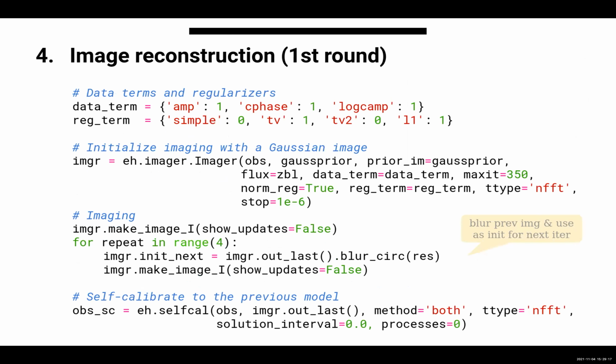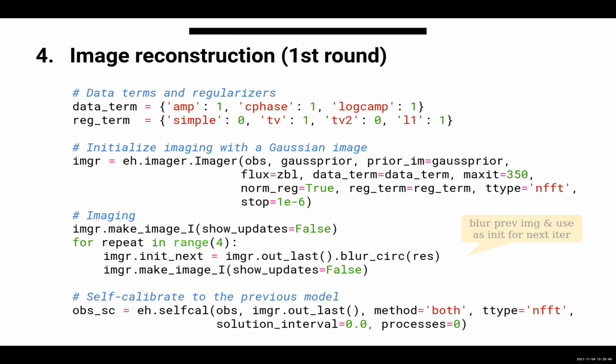Okay, so now we start with the image reconstruction. First we define the data products and the regularizers that will be used for imaging. One of the very good things that ehtim can do is use full closure quantities together with closure complex visibilities during the imaging to constrain the images. In this case, since we know that the phases are corrupted, we will use just amplitude, closure phases, and log closure amplitudes, all of them with the same weight.